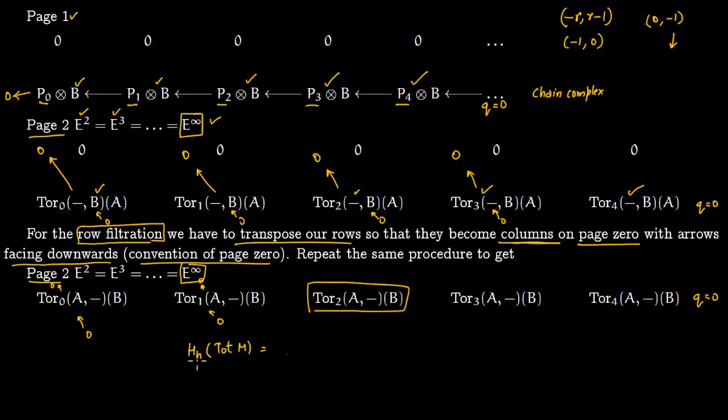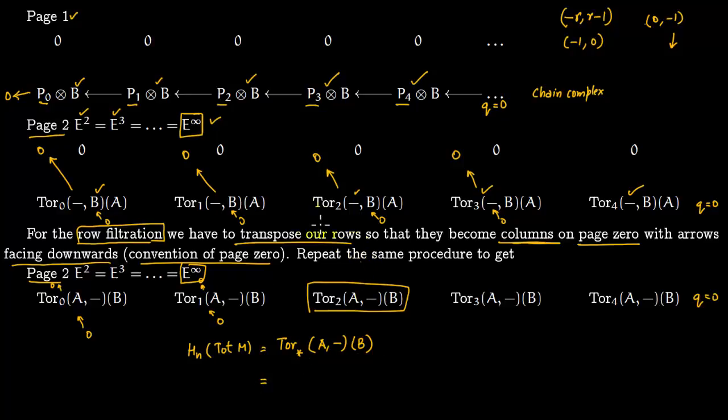Everywhere else you have 0. So the homology of the total complex, if you look at this row filtration, will give you this. Say instead of Tor 2, I am going to write Tor star. So this was the homology, because everywhere else you have zeros.